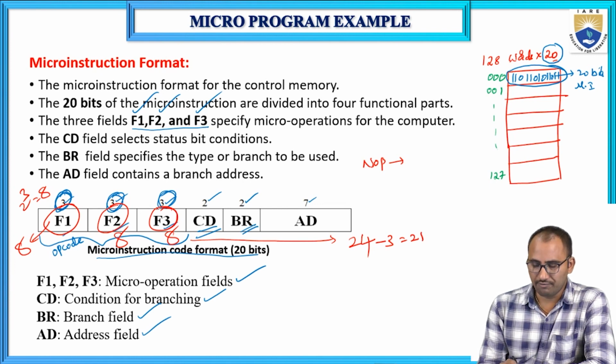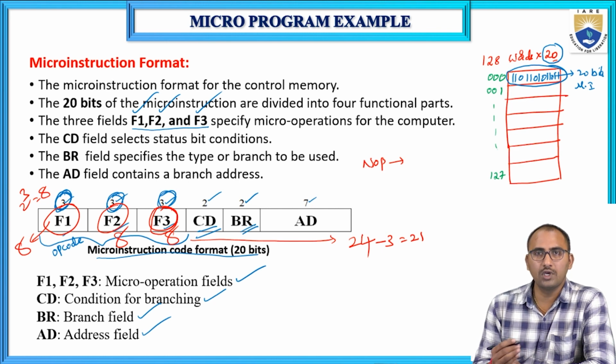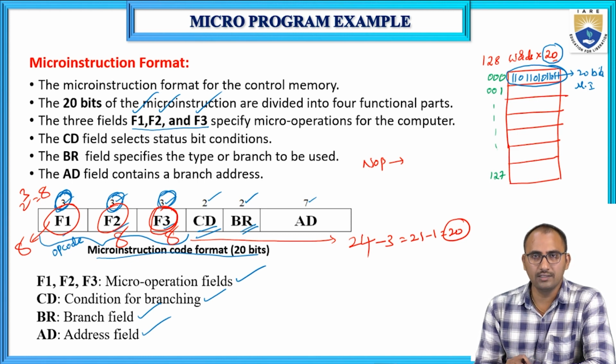And in F3, the last micro operation is reserved. Reserved means it can be useful for future purposes. So the last micro operation in the F3 field also we are not using. So 21 minus 1 is equal to 20. So using the F1, F2 and F3 fields, in total we can perform 20 micro operations.